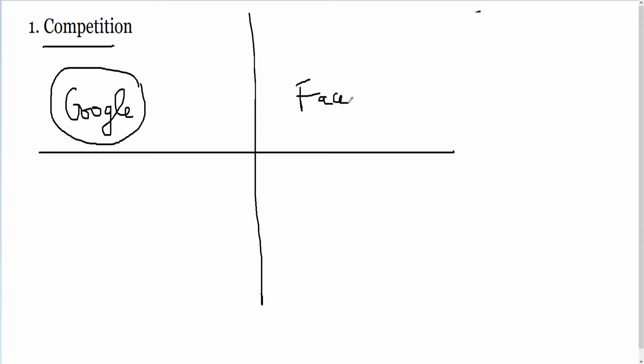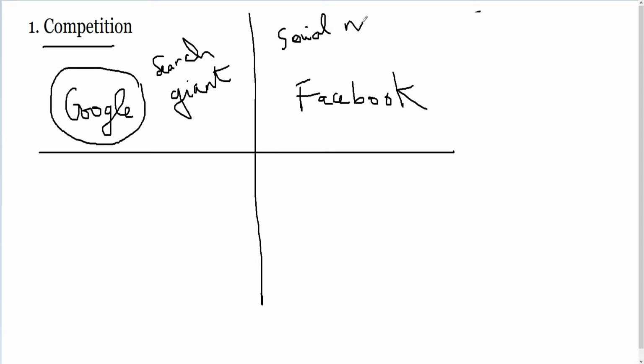Here we are not comparing within one industry, because they belong to two industries. Google is a search giant. All the people know it, most of the people use it. Facebook is a social media giant also, but it's different. There is no one right now who is better than Facebook in social media.